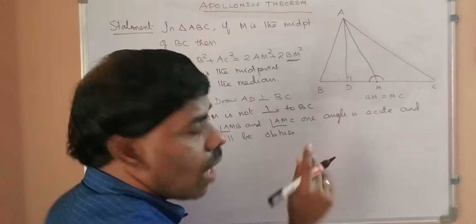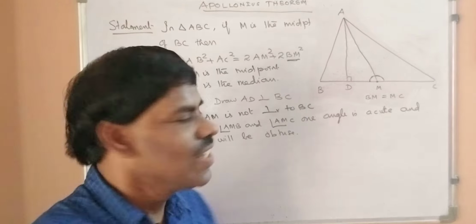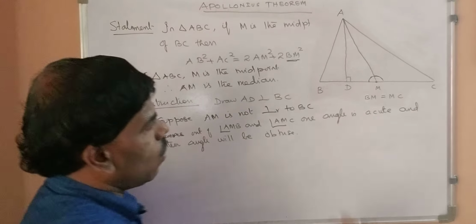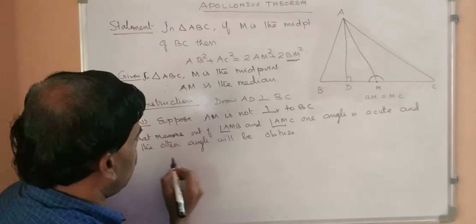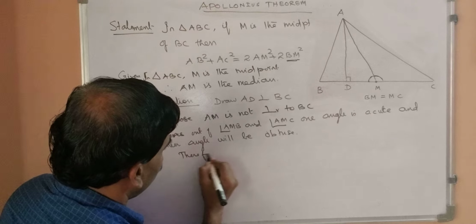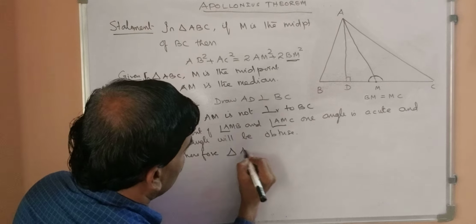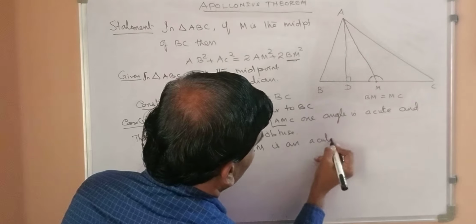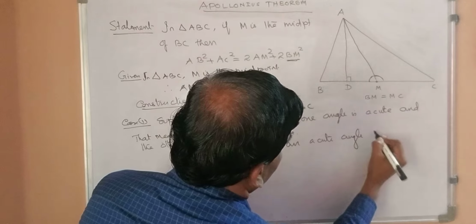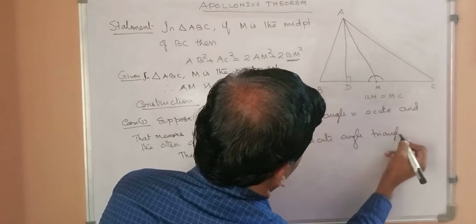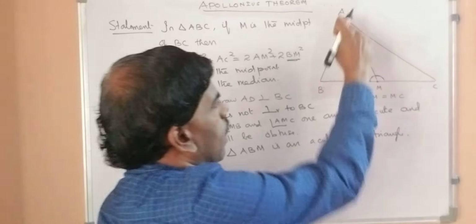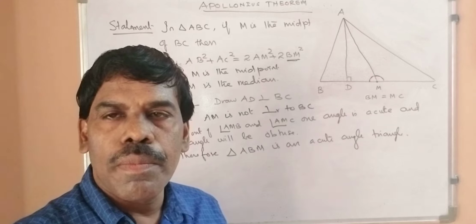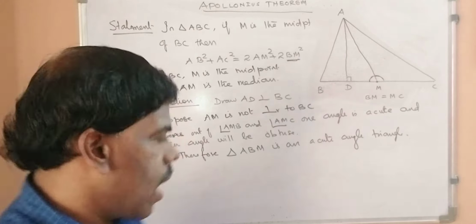Agreed or not? Yes. So one is acute and another is obtuse angle. Now listen very carefully. What about the triangle? Therefore, triangle ABM is an acute angle triangle. Now look at this triangle ABM. It is clearly looking, it is an acute angle triangle.